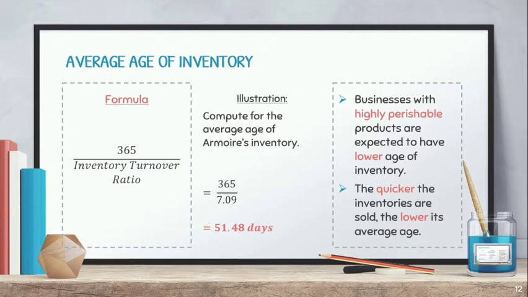So, kung higher na ang turnover, ang average age dapat lower. Same pud na siya sa turnover, depende na sa standards sa atong company, or pwede pud siya nato i-compare sa average age of inventory sa ubang businesses.